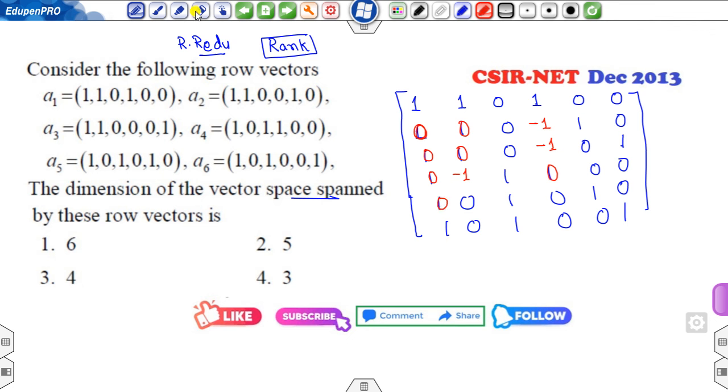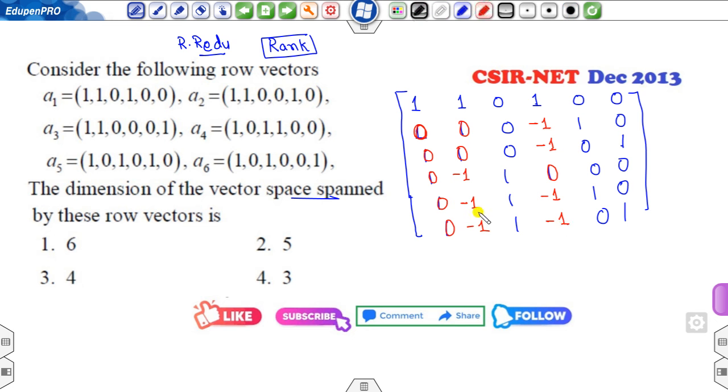This is 0, this number is minus 1, 0, this number is again minus 1, the rest are same. And similarly for the last case, this is 0, this number will be minus 1, this number is also minus 1.